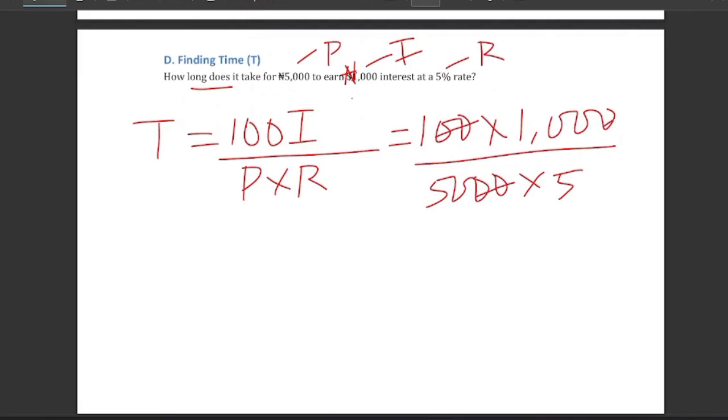This 0 cancels this 0. So we have 5 times 5 is 25. So we have 100 divided by 25. 100 divided by 25 gives us 4. So that is going to be 4 years.